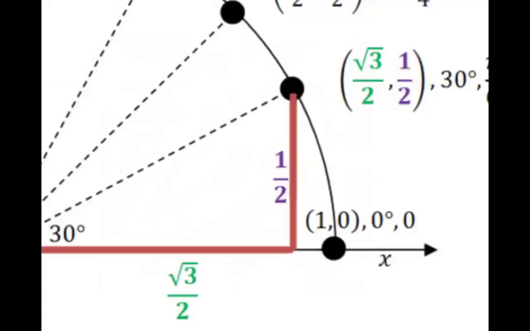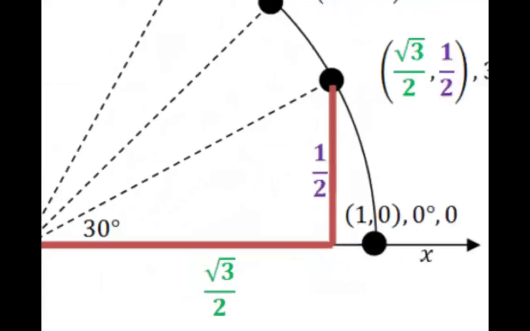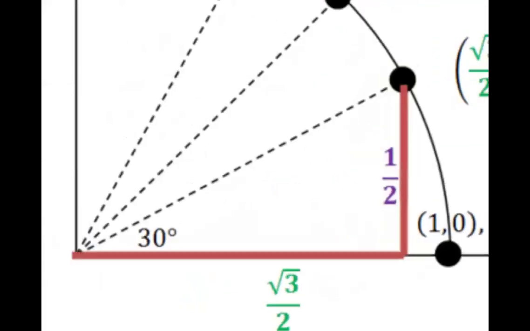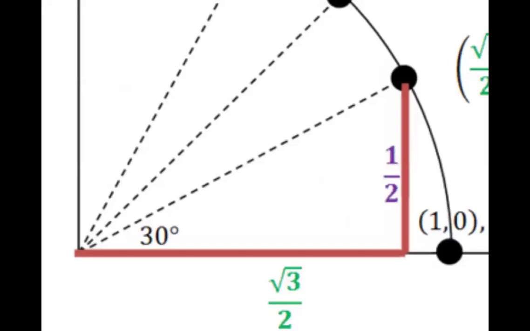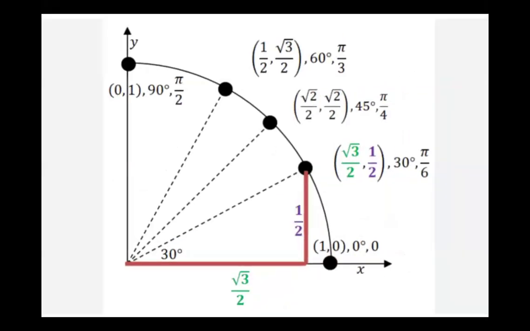Yeah. So if we look at this right here, we can see this 30, 60, 90 triangle in our unit circle. Let me just explain how these lines work.